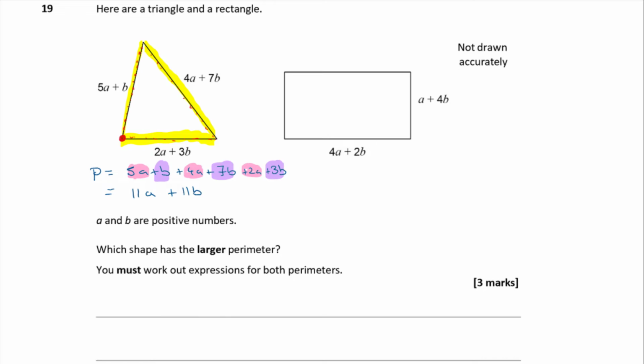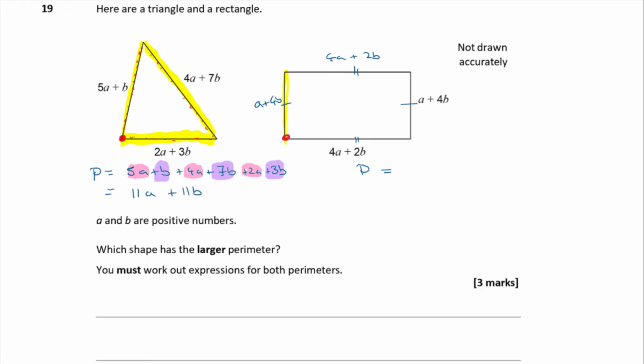Now for my rectangle, perimeter is equal to, again, if I start in one corner of the shape and walk around it, first I'm going to walk up here. That's going to be the same as its opposite side, isn't it? Because a rectangle has equal length sides, so this is going to be a plus 4b as well. And these two sides are equal, so that's 4a plus 2b as well.